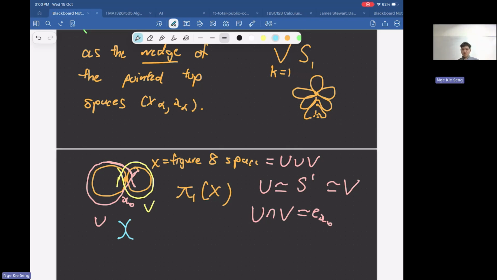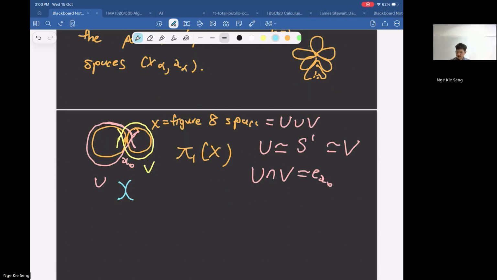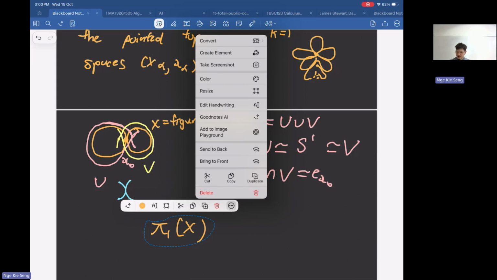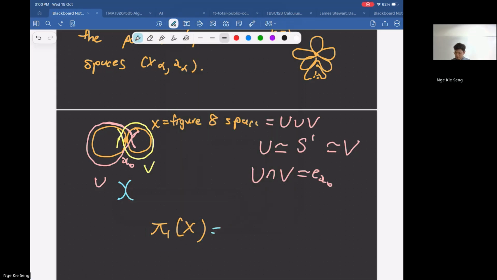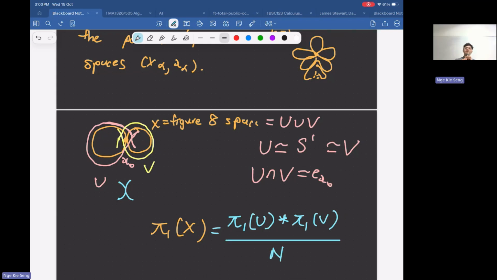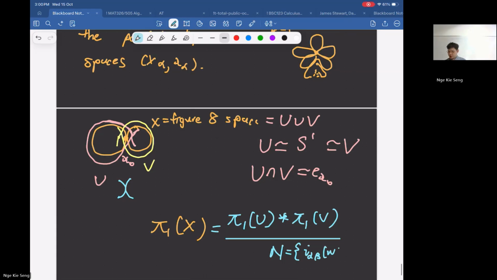So what does the Van Kampen theorem tell you? It tells you that pi 1 of X equals pi 1 of U free product with pi 1 of V, divided by N. Where is this N coming from? These are the loops in the intersection of U and V. Are there any loops inside there in our case?